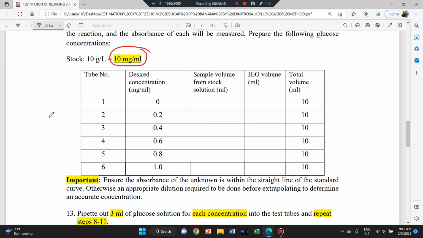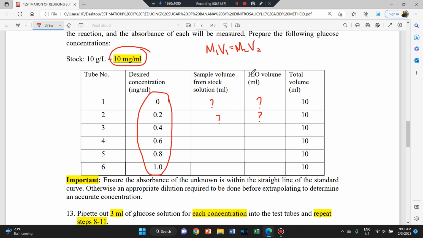And then this table highlights the fact that you need to prepare six test tubes and with this kind of concentration so that you can get a nice graph. And here, not being told how much, I can just give you a hint that you need to use this formula. Okay, so try to figure out.